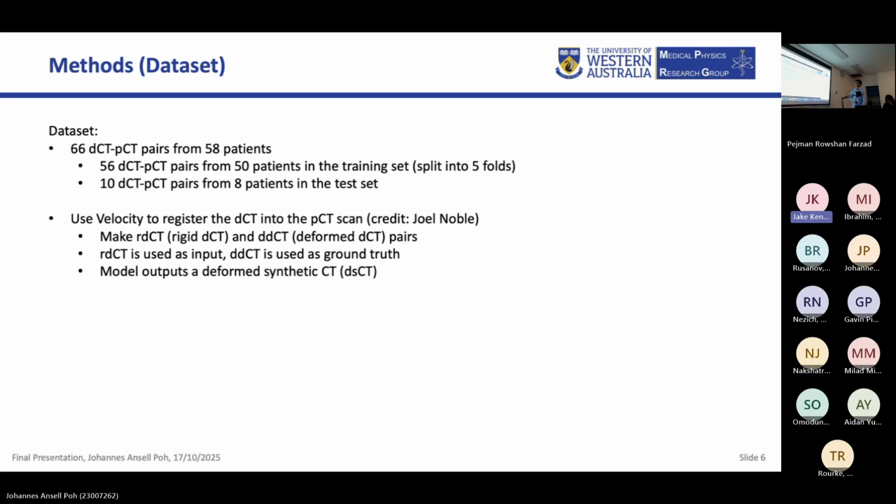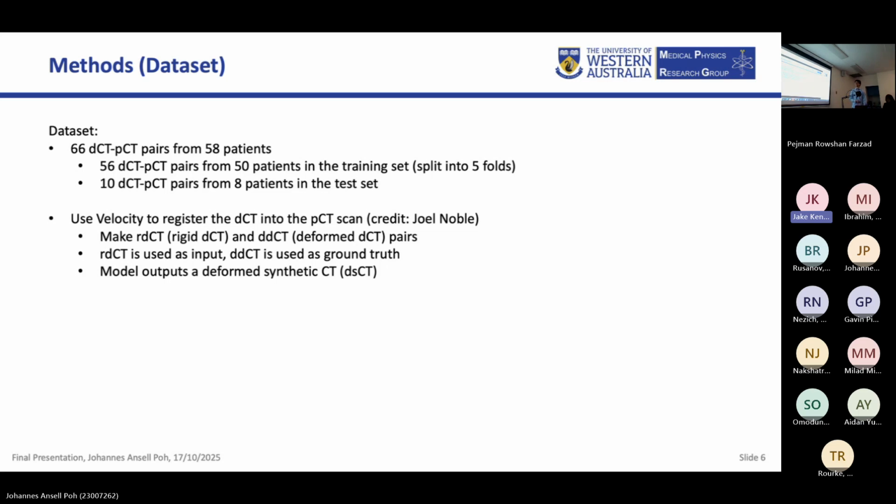For the rest of this presentation, I will use the term RDCT, or rigid diagnostic CT, as the input to the model. The DDCT, or deformed diagnostic CT, is used to refer to the diagnostic CT that has been registered into the planning CT, and this is used as the ground truth instead of using the planning CT as ground truth.